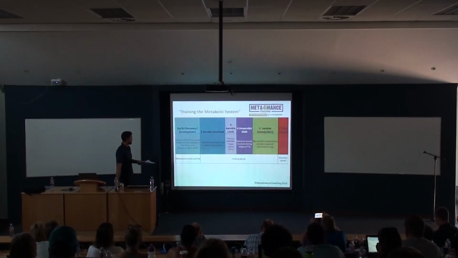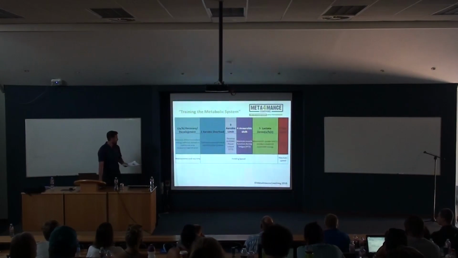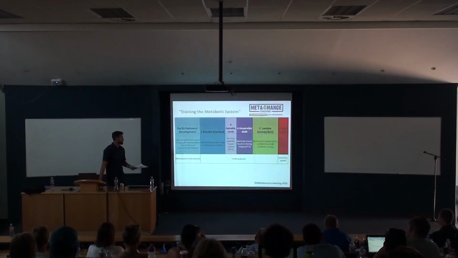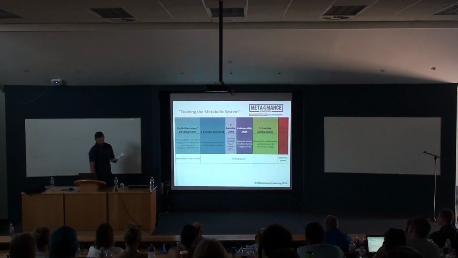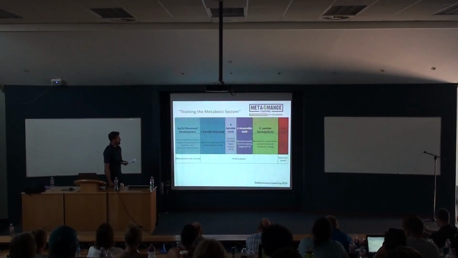Zone 1 is about recovery and development, so it's about improving the ability to produce energy without depletion of fuel stores, and for recovery and regeneration. Zone 2 is your aerobic overload, so it's about optimizing the respiratory and cardiovascular systems. Aerobic limit, zone 3, is typically about developing aerobic power through your first ventilatory threshold, which is just a scientific term, and then into the anaerobic shift.